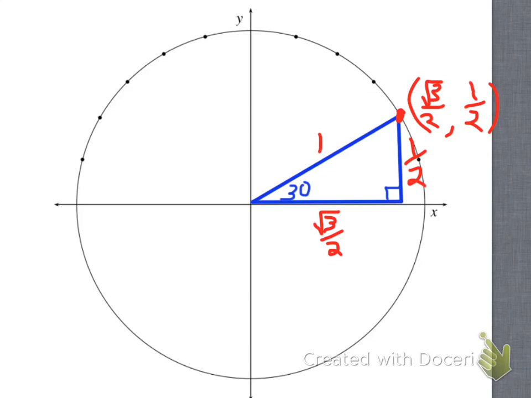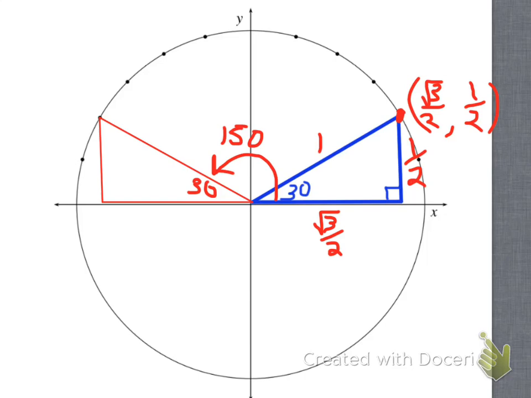Now, I also have this triangle over here. This is a 30-degree angle here. This angle here is going to be 150 degrees. And my coordinate point now is going to be based off the blue one that I have already. My distance along this way is the same distance I had for the blue triangle.